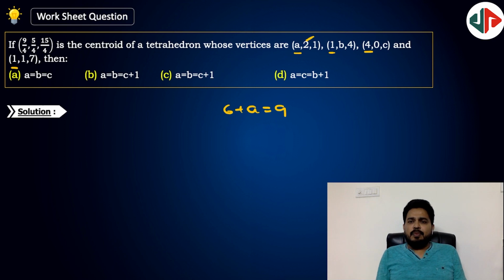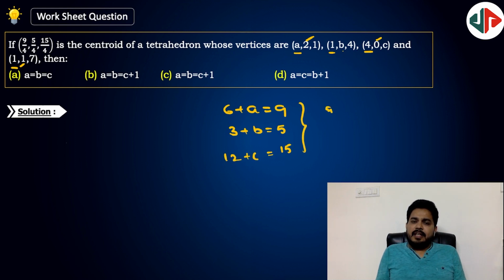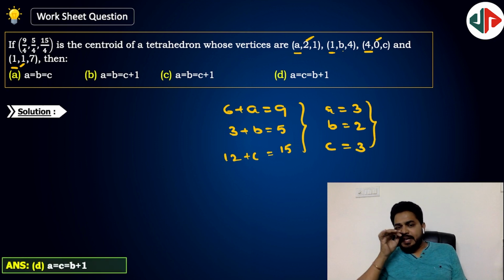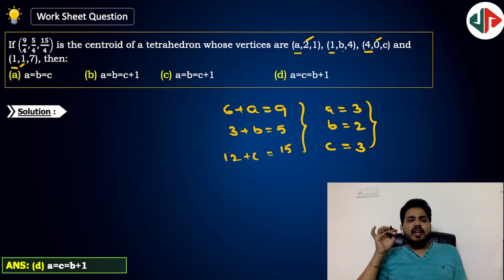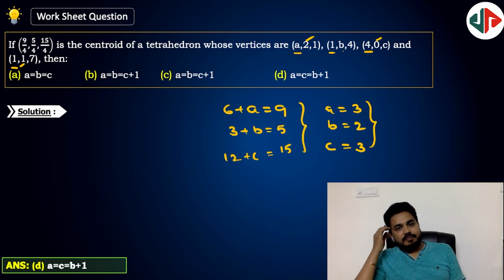Next, 2 plus 0 plus 1, 3, plus B. So 3 plus B is equal to 5. And 15 is equal to 1 plus 4, 5, plus 7, 12, plus 6. So clearly A is equal to 3, B is equal to 2, C is equal to 3. So clearly the answer is A is equal to C is equal to B plus 1.